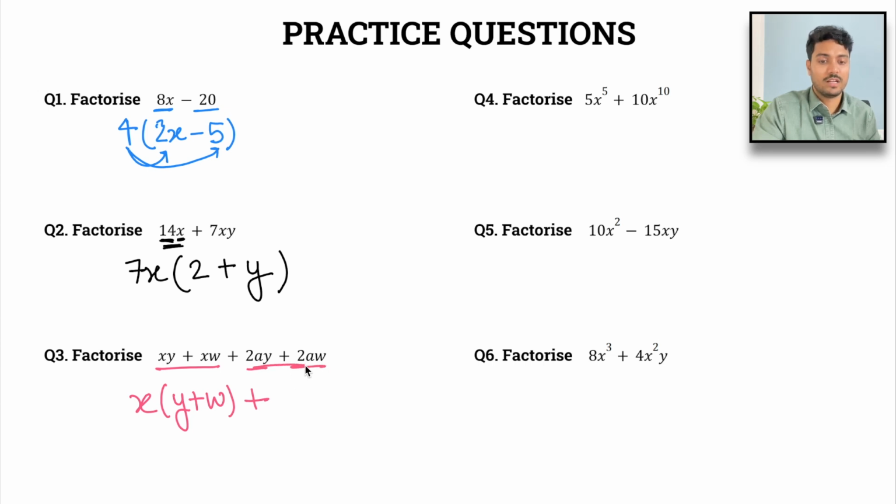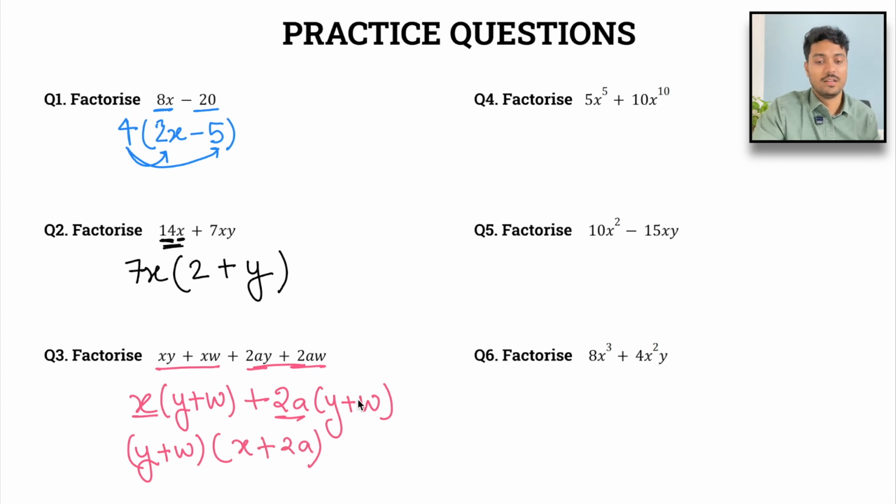From the last 2 terms we can clearly see that 2a is common, and we can again write y plus w. Now we can clearly see y plus w is repeated. That means y plus w is common in the first term and the second term. So we can take y plus w common now, and we can write the remaining terms x plus 2a, and this is the answer. This means w plus y and x plus 2a are the factors of the given expression, which is this one.